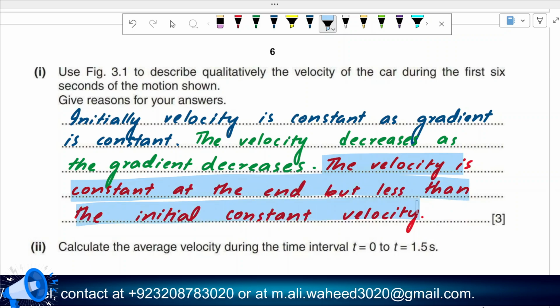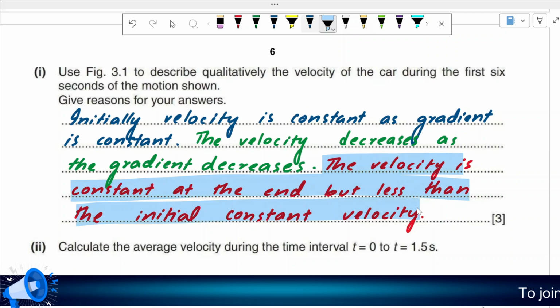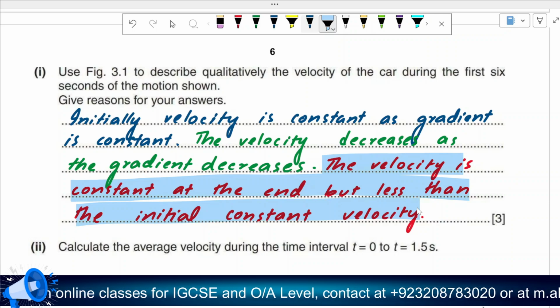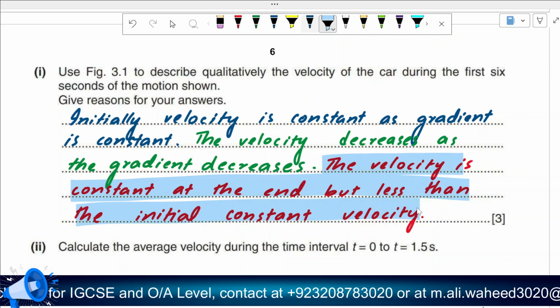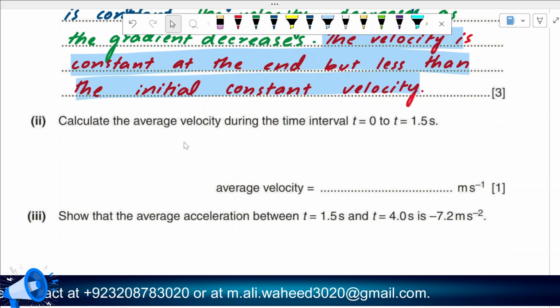You have to include this. Whenever you have 2 stages where the velocity is constant, then you have to make a comparison of the value of the velocity. Like at what stage the velocity is greater or smaller, or if the two values of the velocity are the same, then you simply write down that the initial velocity and the final velocity are same. Anyway, let's move on to the next one, which is part 2.